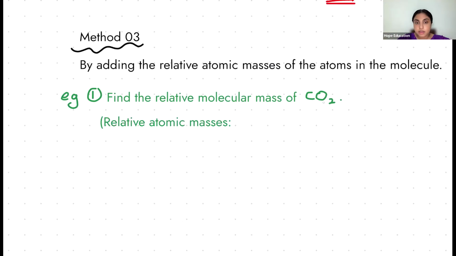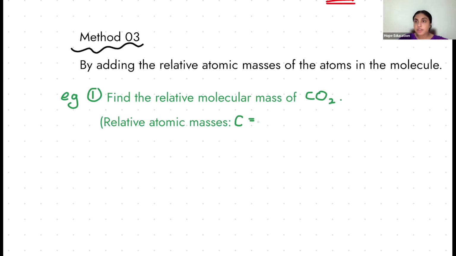In this molecule, we have carbon and oxygen. We have already learned relative atomic mass. You don't have to memorize these relative atomic masses, but they are in the textbook on page 125.